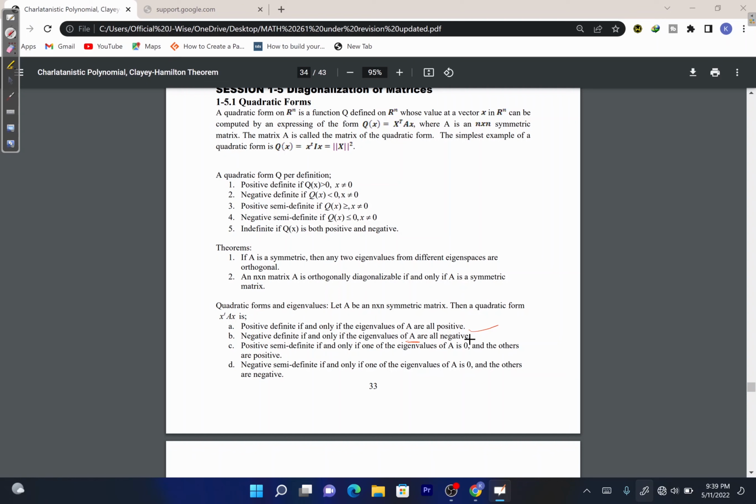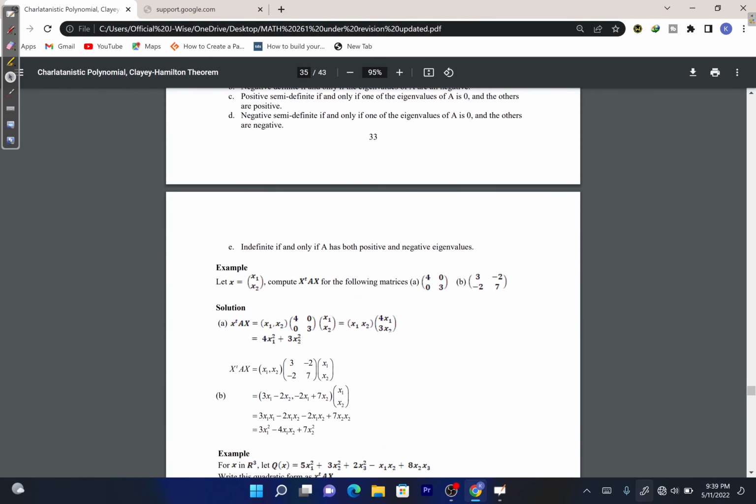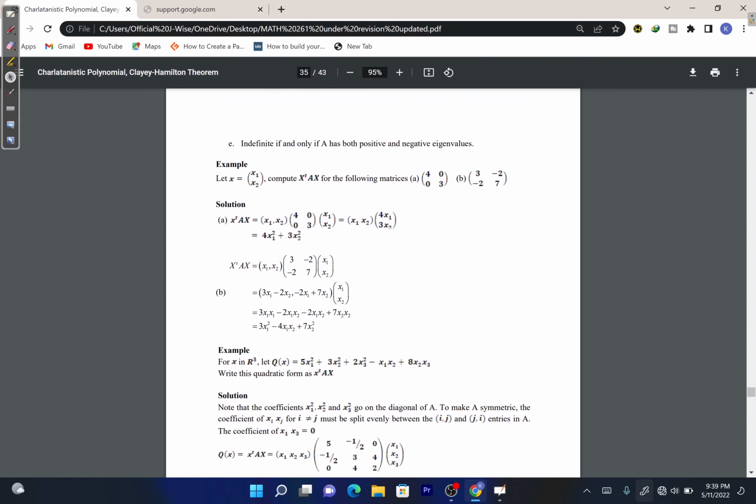It is positive semi-definite if and only if one of the eigenvalues of A is 0 and the others are positive. It is negative semi-definite if and only if one of the eigenvalues of A is 0 and the others are negative. And lastly, it is indefinite if the eigenvalues of matrix A are both positive and negative.